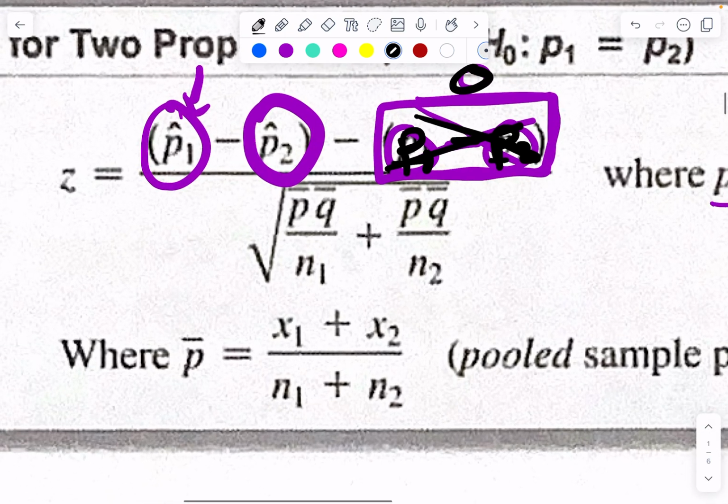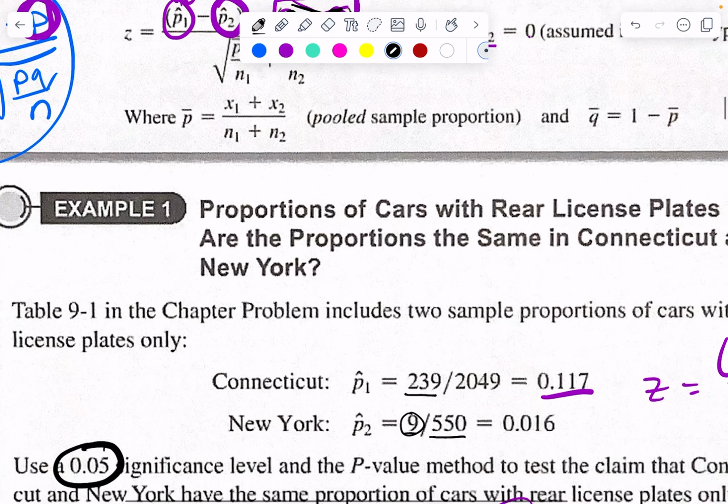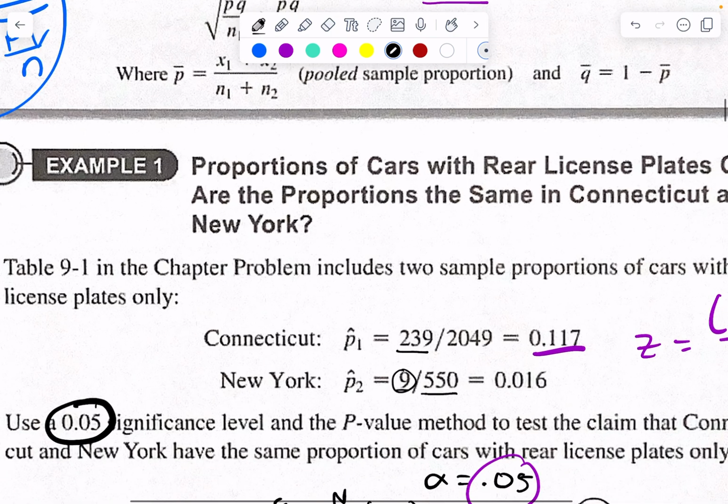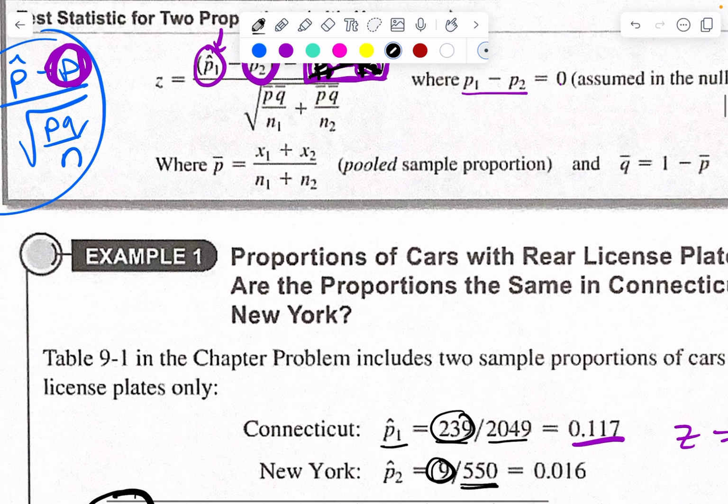Then I have the square root of, we have to find p bar. Oh, this is disgusting. They break this down for us and they say that p1 is 239 over 2049 and 9 over 550. That means this is x1, this is x2, this is n1, and this is n2.